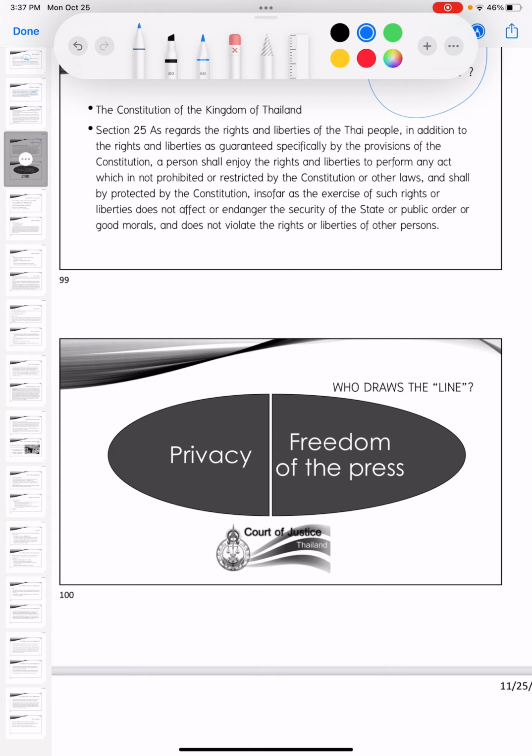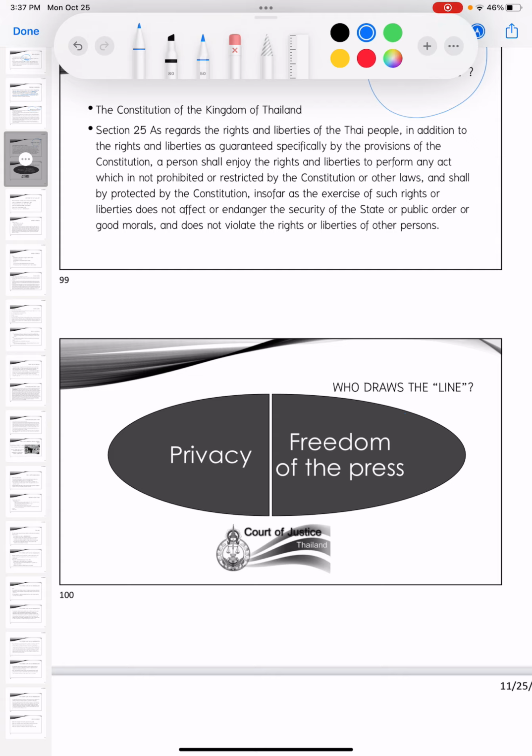So the court would consider and draw the line in that case and consider whether freedom of expression can prevail or not. So at least we know the court has the role to draw the line between these two conflicting interests.